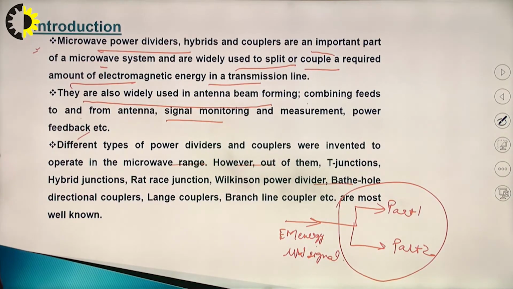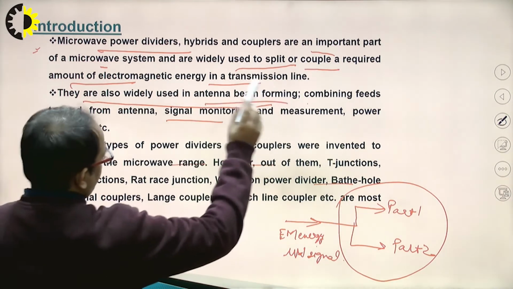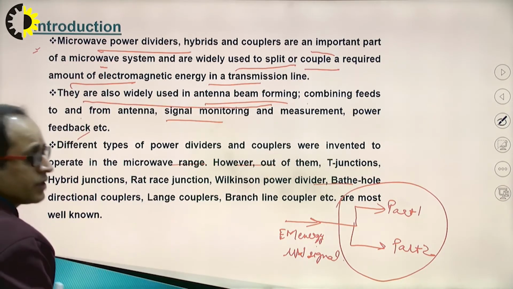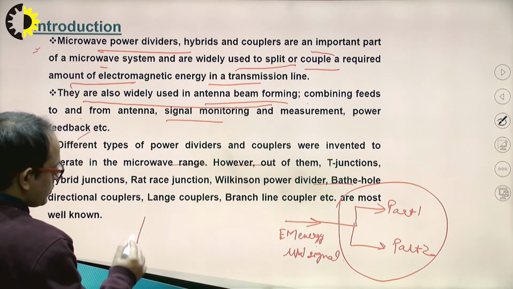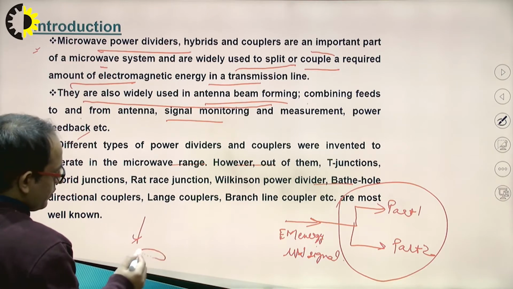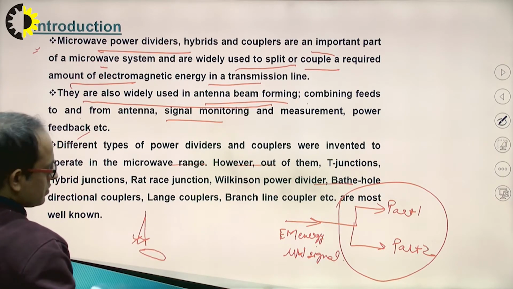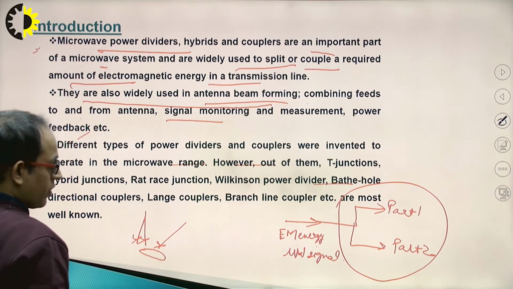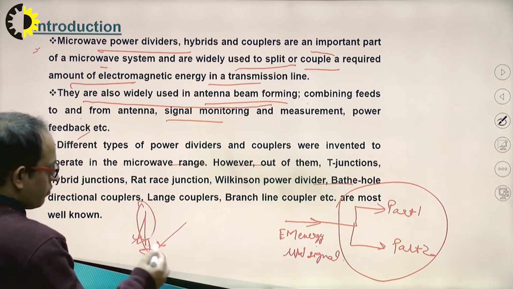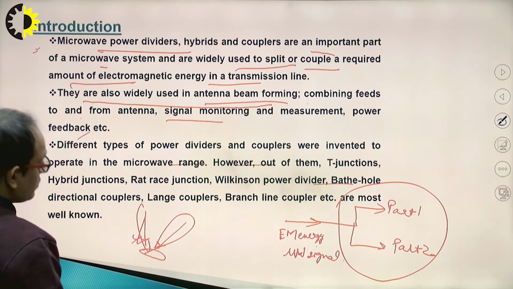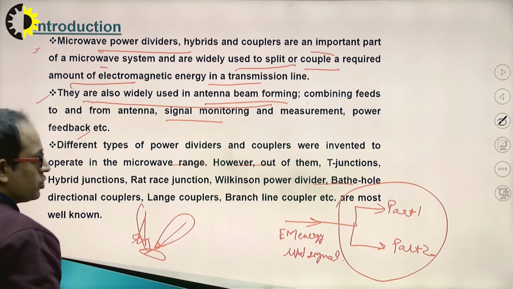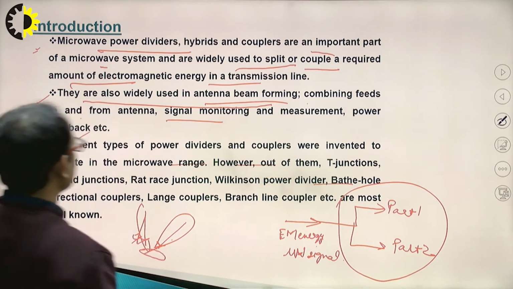This means if one antenna is getting a signal from this side and another antenna is also getting a signal from the other side, from both sides, then this component will add up the two signals. Clear?